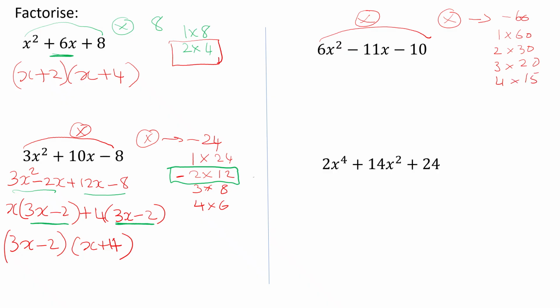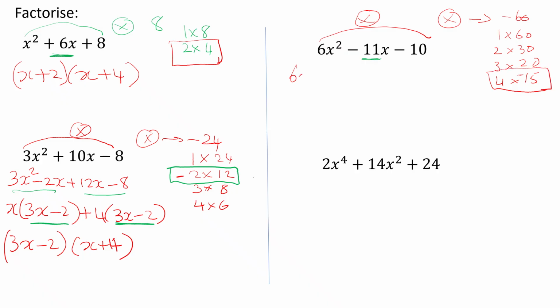So negative 15 times positive 4. If you add negative 15 and positive 4, you will get negative 11. So the combination for the factors is 4 and negative 15.